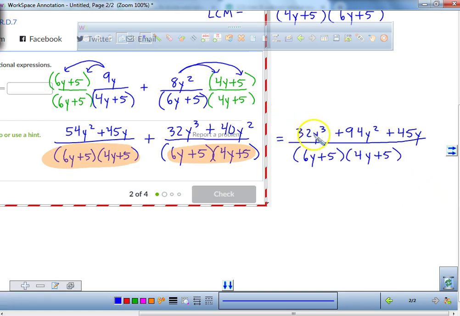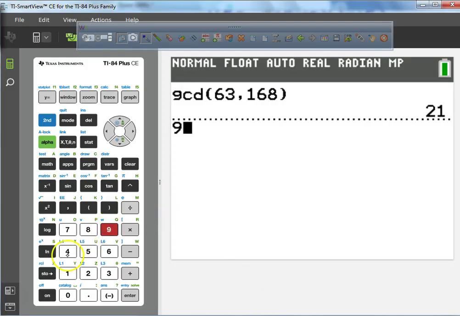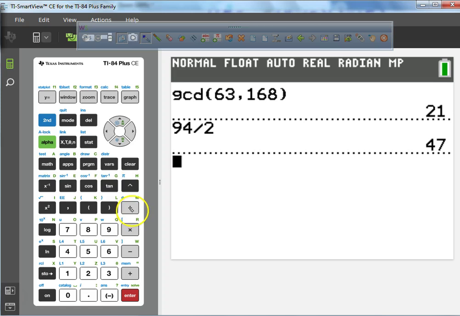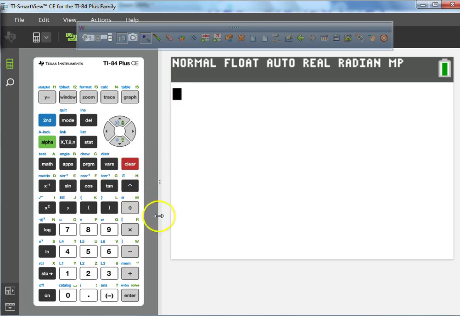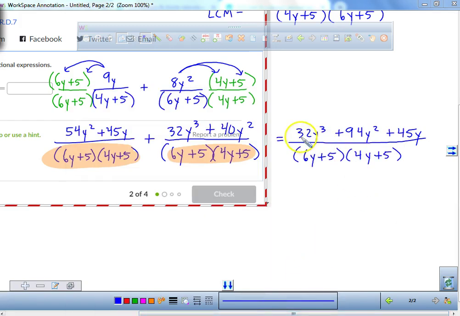Okay, so if I factor, the only thing I can really factor out here, we're going to figure out what numbers go into 94. Divided by 2, 47. I don't know any other numbers like this with 5. Can't divide it by 3. 47 is a prime number. So the only number I can factor out is a 2, but I can't factor a 2 out of everything.